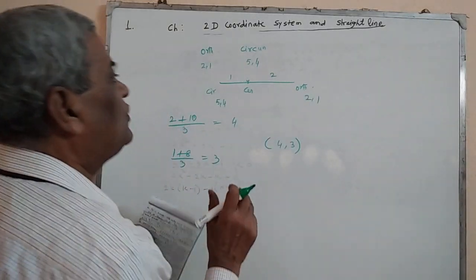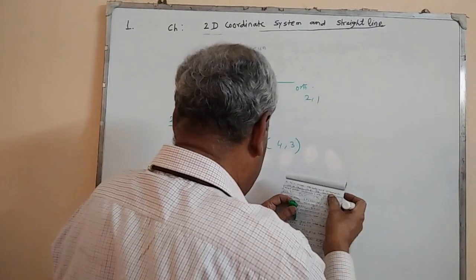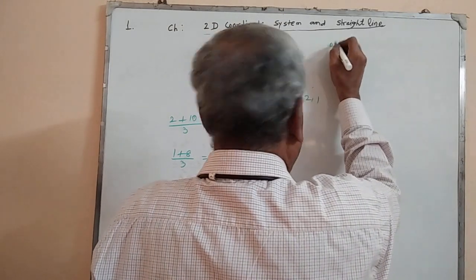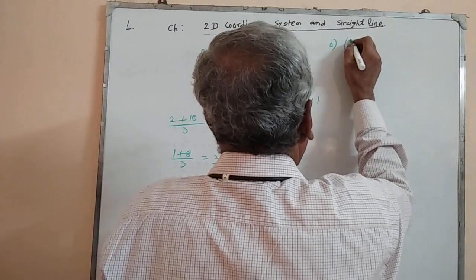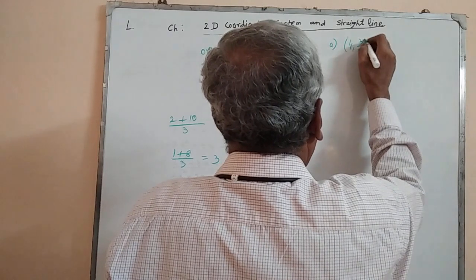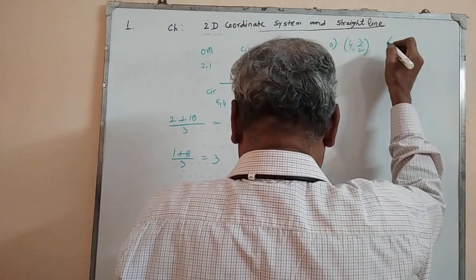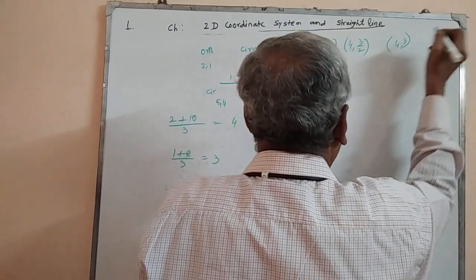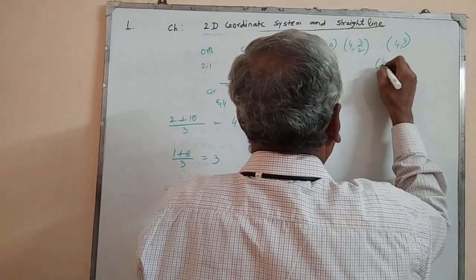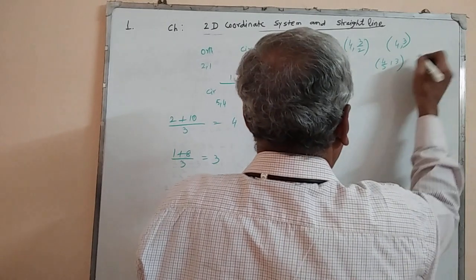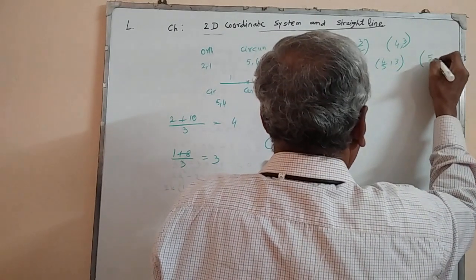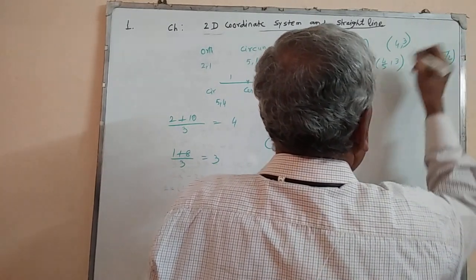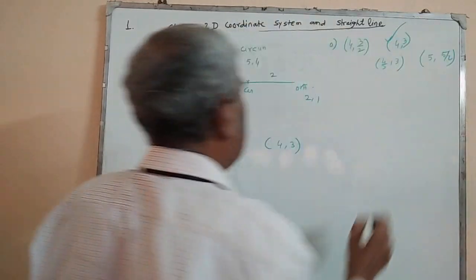Here options are also not given. I am giving them. First option is 4,3/2. Second option is 4,3. Third option is 4/3,3, and last option is 5, 5/2. So this option is correct.